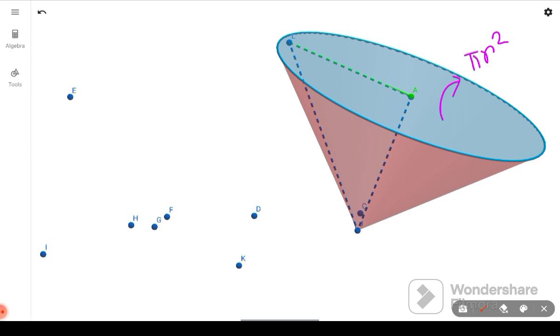In this case there is only one plane face, and another is the lateral, curved surface area.